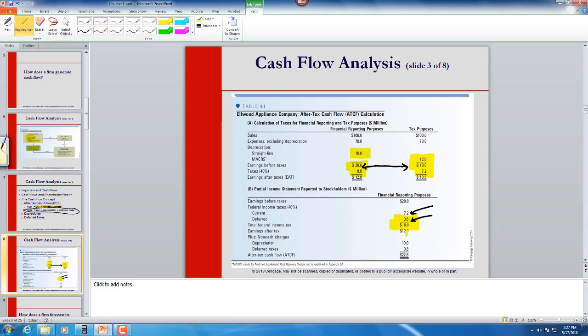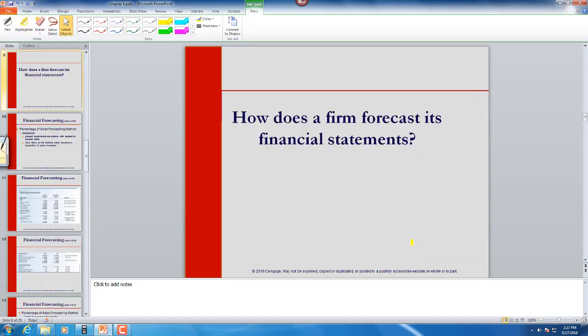You use the 8 to add back to earnings after taxes, which is 12, plus depreciation and deferred taxes. It's 22.8. After-tax cash flow equals, sorry, depreciation and deferred taxes. I keep saying amortization. This is deferred taxes. So 12 earnings after tax plus non-cash expenses, these two, 22.8. That's how you calculate it.